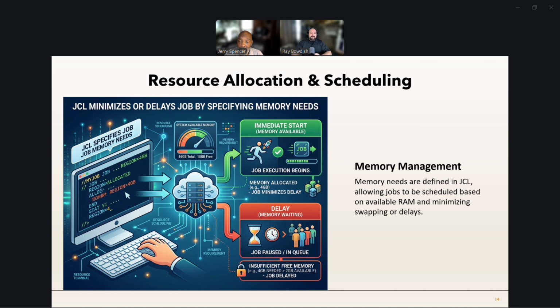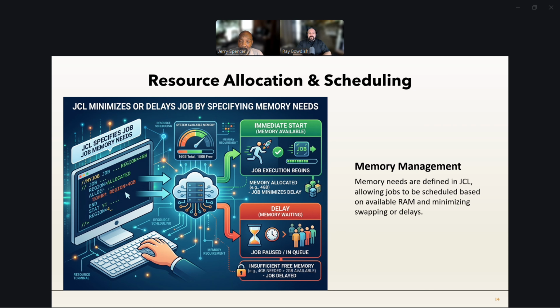Even the users logged in with their TSO sessions take up memory as well. And so the JCL and the CPU allocate the amount of memory to each of these systems, to each of these jobs. And then, if something's running but it requires a little bit more memory, it's going to have to sit over there and wait until something else gets freed up before it can run.